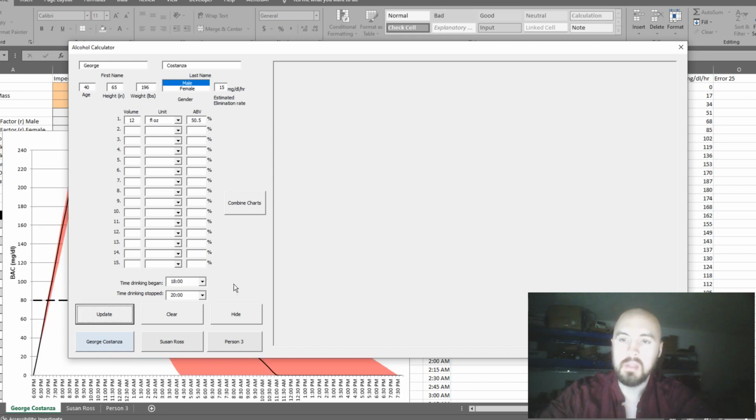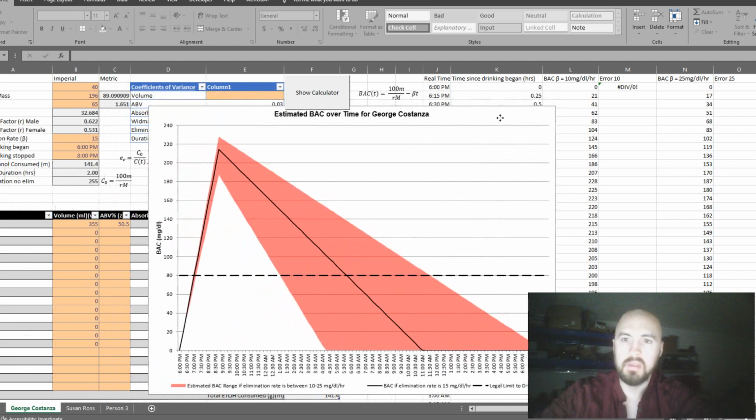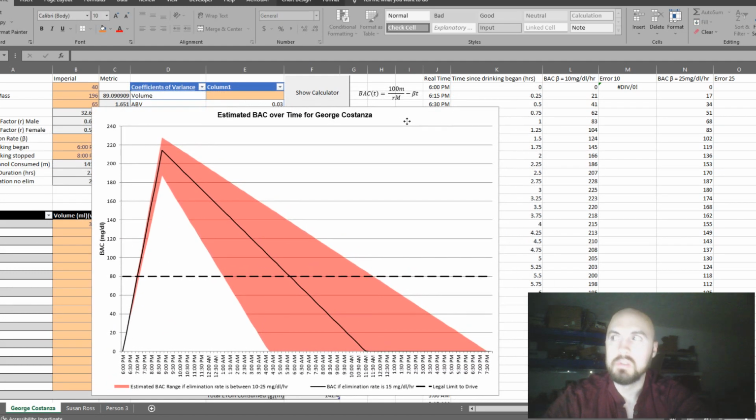So I hit update, and you can see the chart in the background has already updated. In order to get rid of this, I just hit hide, and then we have this nice pretty little chart of the estimated blood alcohol concentration over time for George Costanza for the night of the alleged offense.